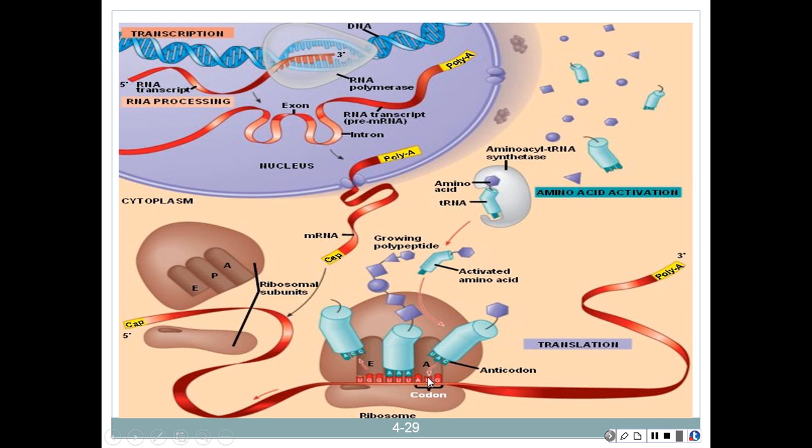It's going to bind to that A site of the ribosome, and its anticodon pairs with a second codon. Now an enzyme in the ribosome transfers the MET, the very first one, the start codon, of the initiator tRNA to the amino acid of the second tRNA, and it creates a peptide bond, giving it a dipeptide.